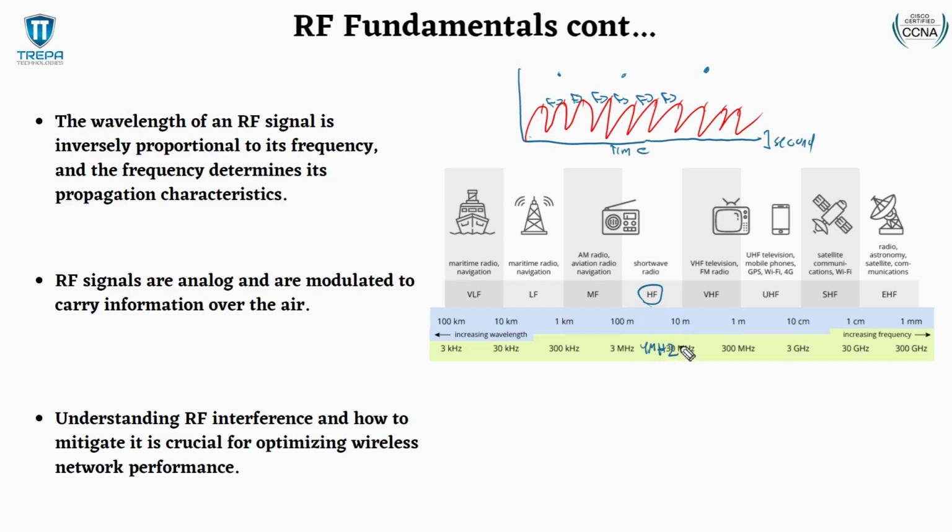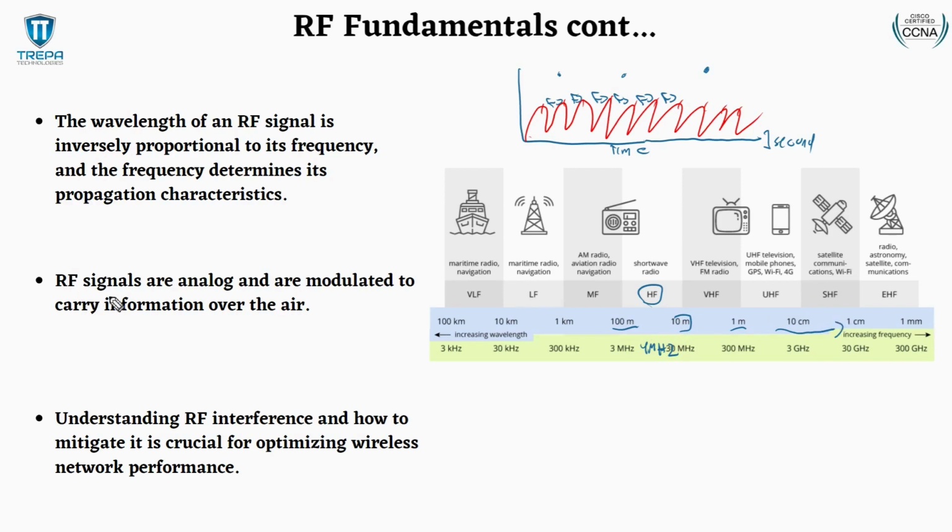That means within a second, we have 4 million cycles, 4 million waves happening in a second. And then the size, the width of those wavelengths here, you see, would actually be 100 to 10 meters. And the smaller the width of the wavelength, that's important, the higher the frequency goes. So you kind of see that relation.